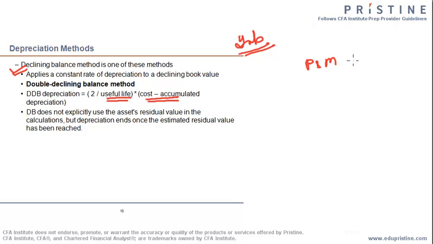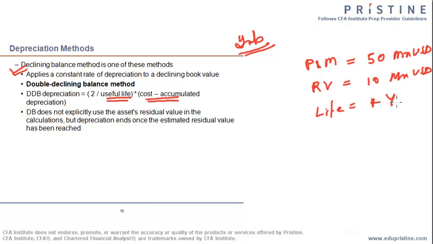Let us assume that a plant and machinery is bought for 50 million USD. The residual value of the machine is 10 million USD. And the life of the asset is, let's say, 4 years. Now, how would the depreciation be calculated for year 1, year 2, year 3, and year 4?